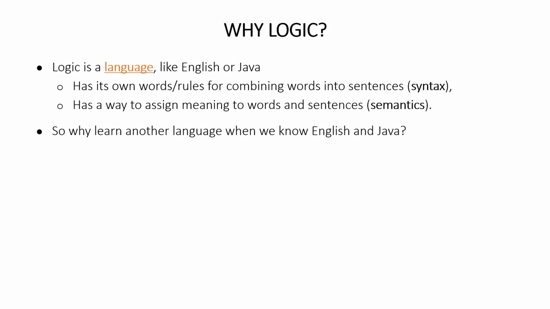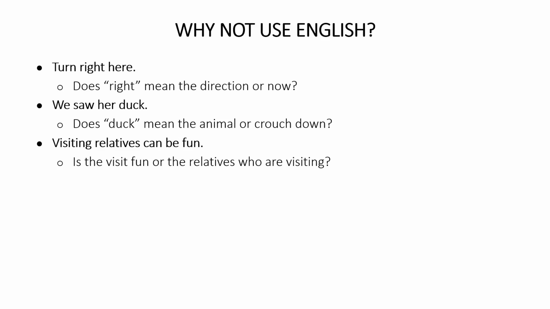Okay, it might be quite verbose, but there might also be some issues: if we say something, we have a specific meaning in mind, but maybe that's not the meaning that the person who hears it actually receives. So if we say turn right here, right? This could mean I'm here and I need to turn right. Or it could mean right here, I need to turn.